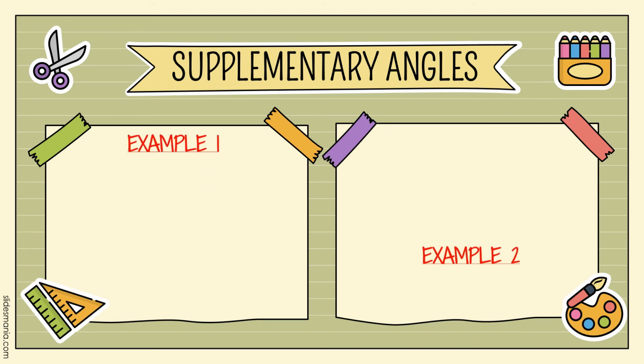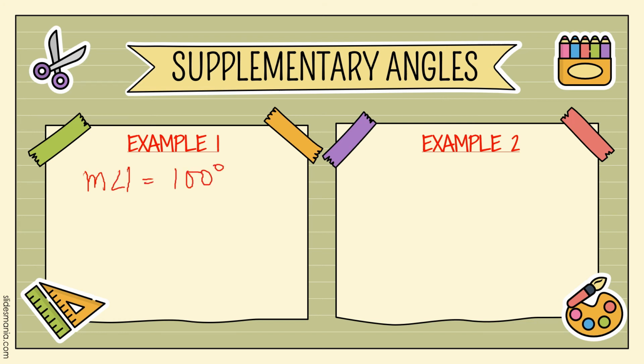For example 1, if I have angle 1 which measures 100 degrees, and we have angle 3 whose measure is unknown, but we know that they are supplementary.